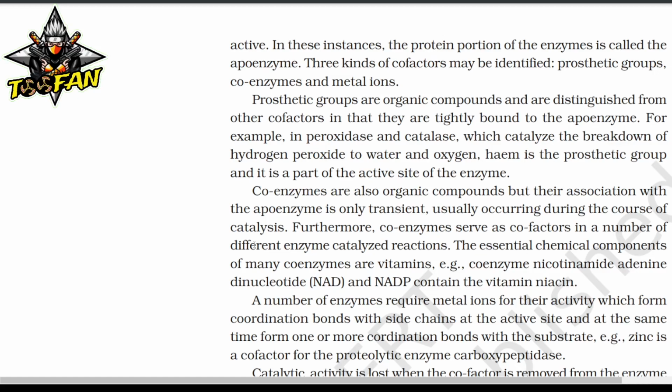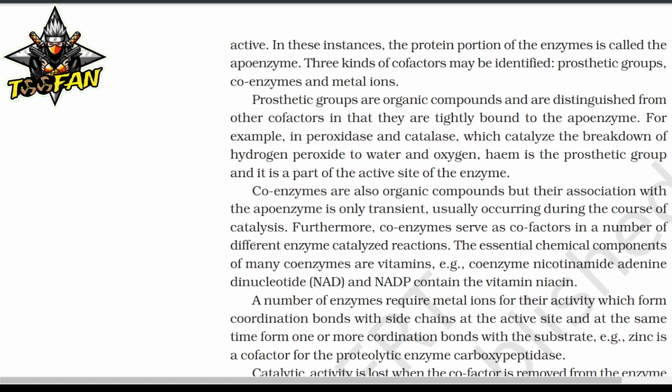Prosthetic groups are organic compounds and are distinguished from the other cofactors in that they are tightly bound to the apoenzyme. For example, in peroxidase and catalase, which catalyze the breakdown of hydrogen peroxide to water and oxygen, heme is the prosthetic group and it is a part of the active site of the enzyme.